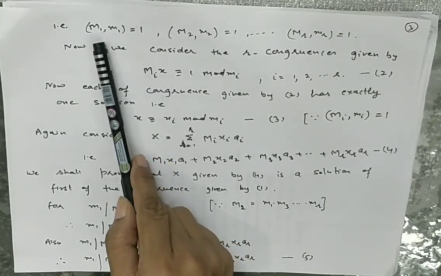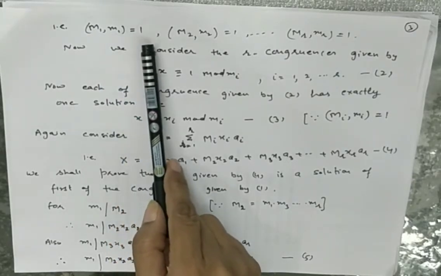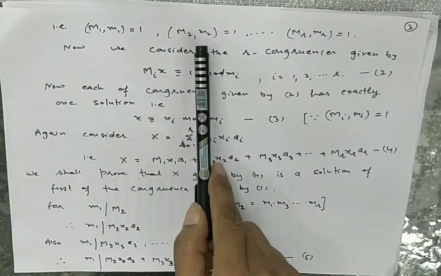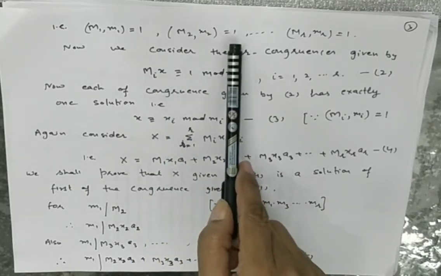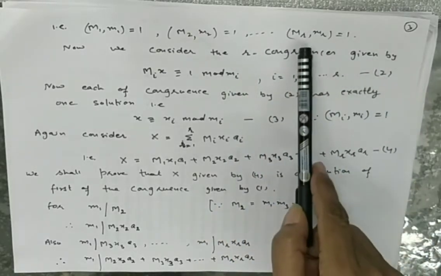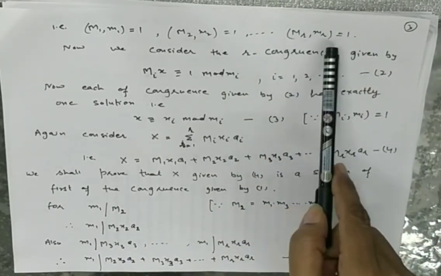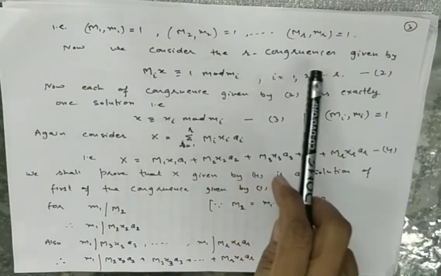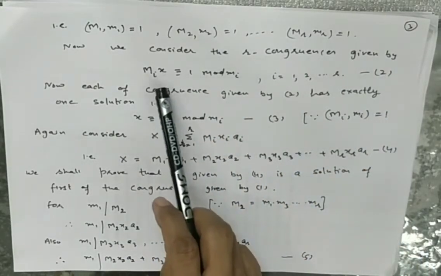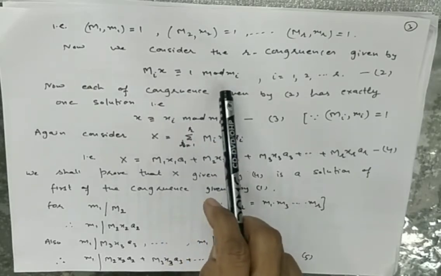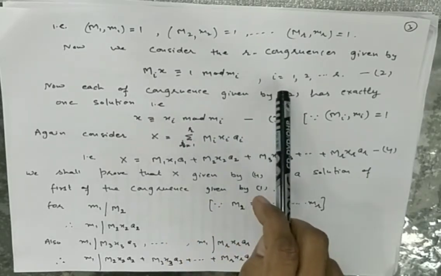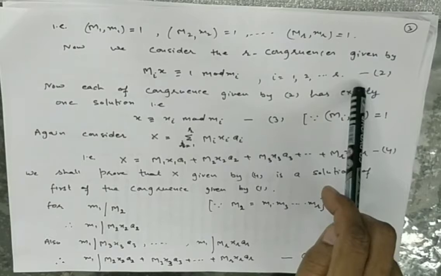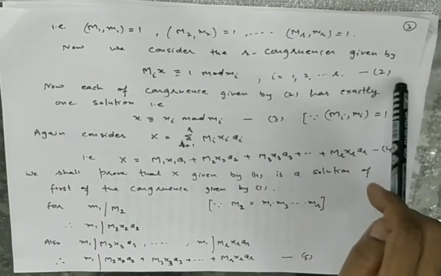So capital M1 and small m1 are relatively prime, capital M2 and small m2 are also relatively prime, and capital Mr and small mr have GCD 1. Now we consider the r congruences given by Mi x is congruent to 1 modulo mi, i varying from 1 to r. Let it be equation number 2.